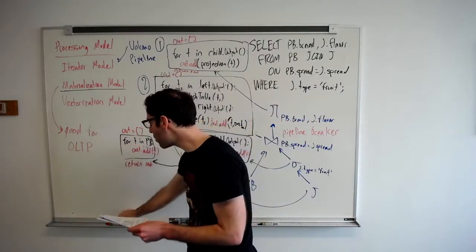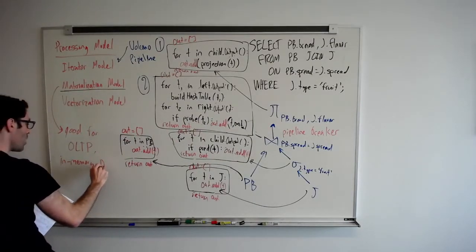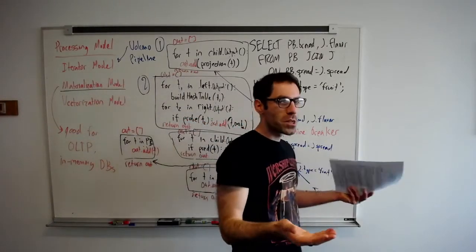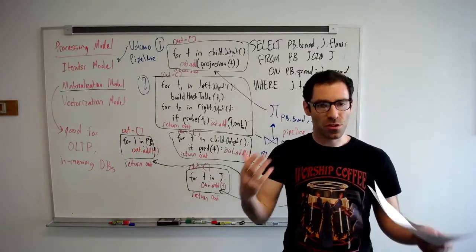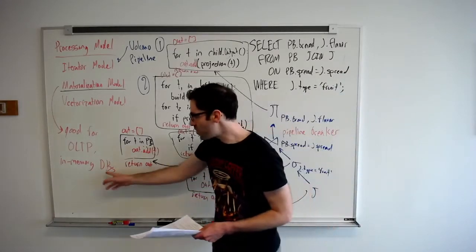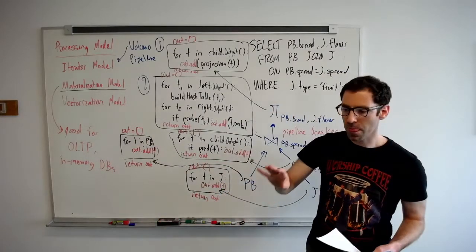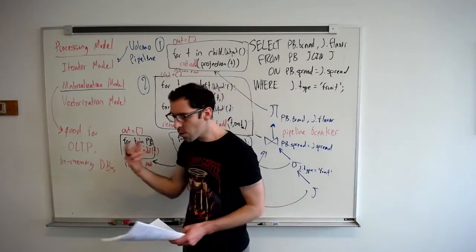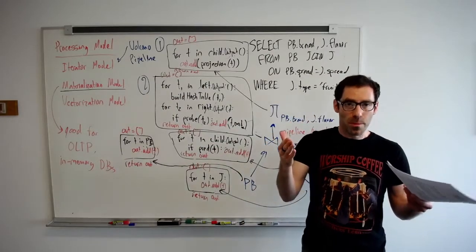And this is also good for in-memory databases. Our focus has been on disk-based database management systems. These are the most common, and they're very flexible, but there are also in-memory databases that don't use the disk at all, or at least not in the same way. For these, reading and writing from disk is no longer the bottleneck for performance.